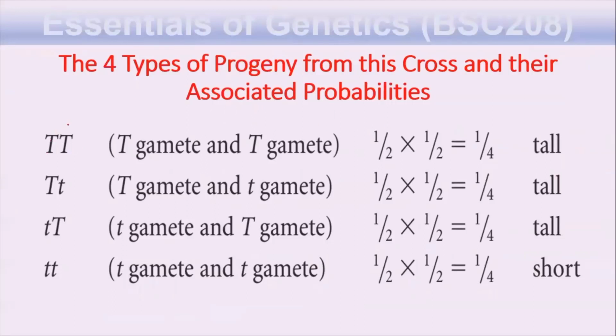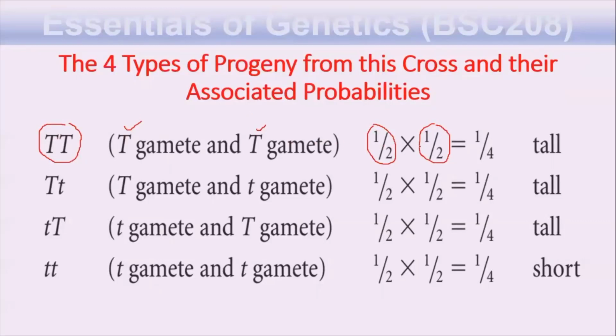For example, if we need the probability of capital T, capital T, the alleles are coming from both parents. So the probability of both is 1 by 2 and 1 by 2, because 50% of gametes will have capital T and 50% will have small t in both parents.